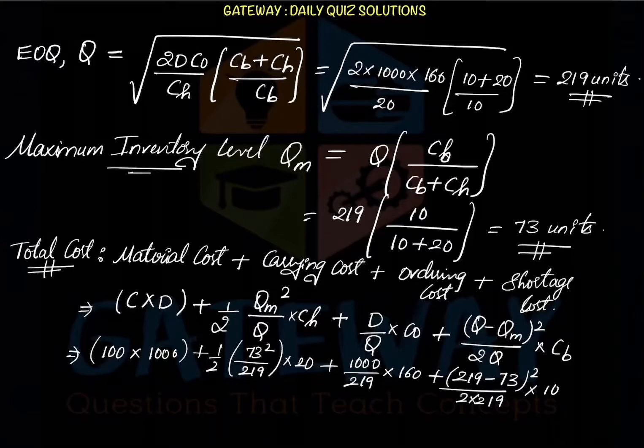Okay, once we substitute this, finally we are getting our total cost. The total cost comes out to be 101,460.6. Okay, this is our total cost.